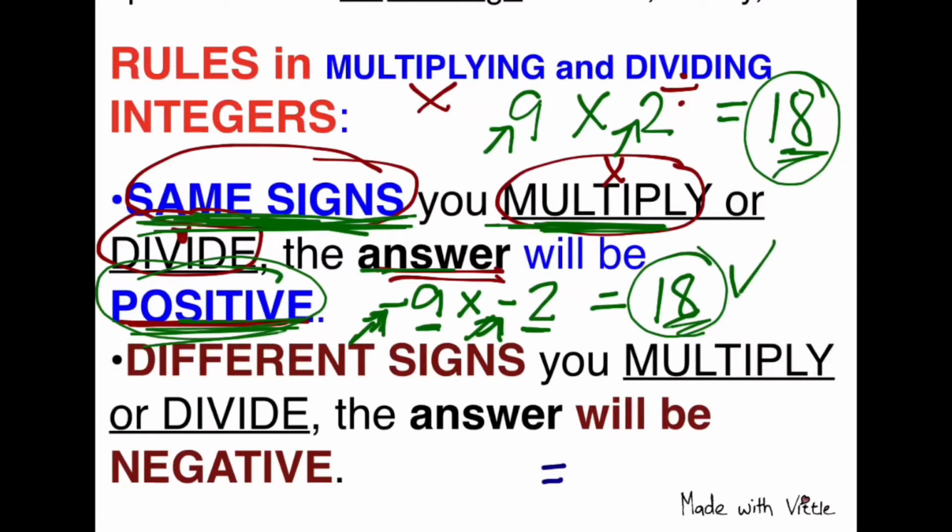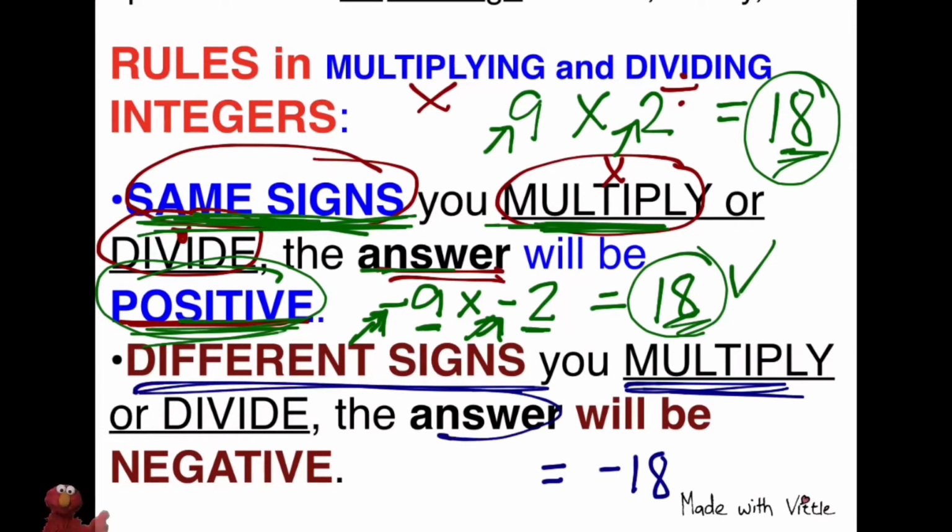So, when it's going to be an answer of a negative sign, like for example, let's have a negative 18 for an answer, that means I am multiplying two integers of different signs. That's why my answer will have a negative sign. Let's take again negative 9 times, this time, a positive 2.